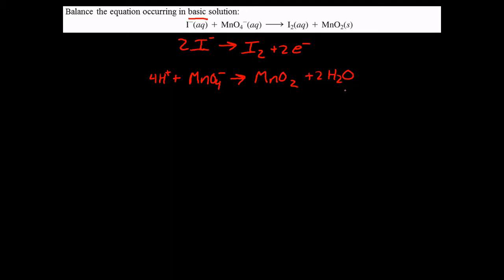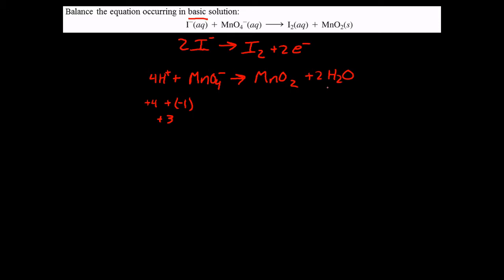Now we need the charges to be balanced. Nothing on the right side is charged, so we have 0 on the right side of this half reaction. But we have 4 plus from the hydrogens and 1 minus from the permanganate, and so we have plus 3 total on the left side of this half reaction.